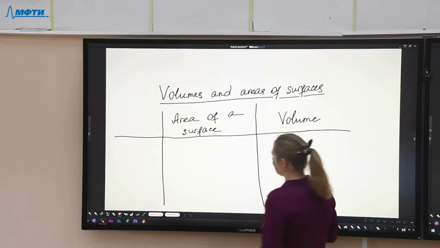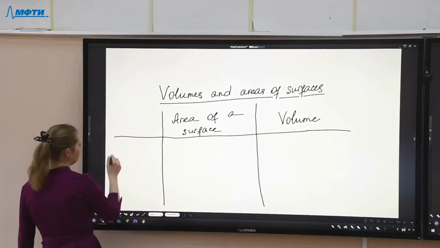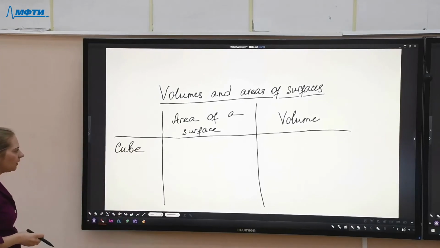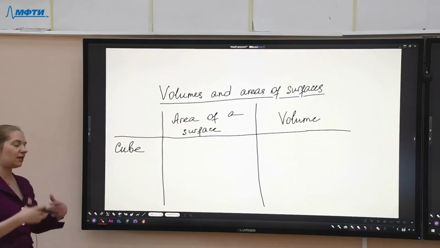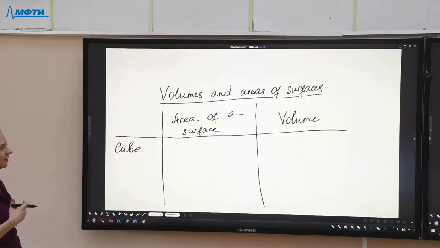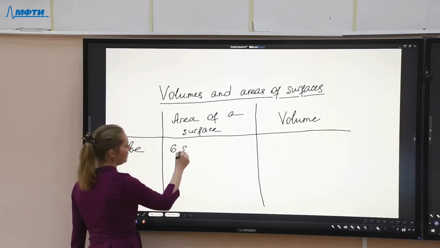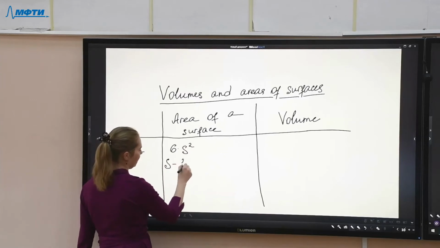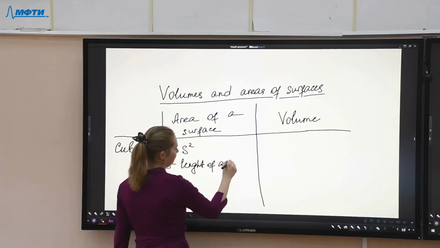And we will consider different solid bodies. So let's start with the cube. If we know a side of a cube, we can say that the area of a surface is 6 times s squared. Here s is the length of a side of a cube.